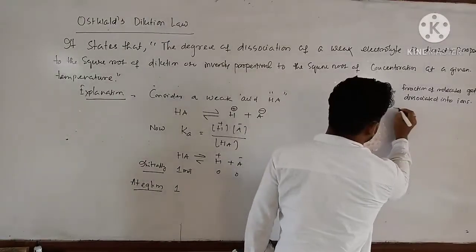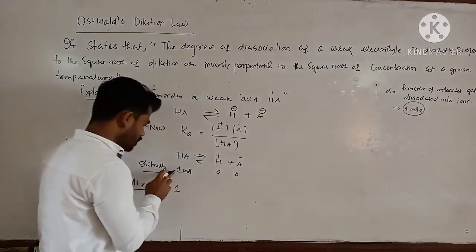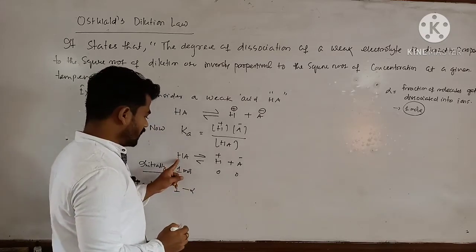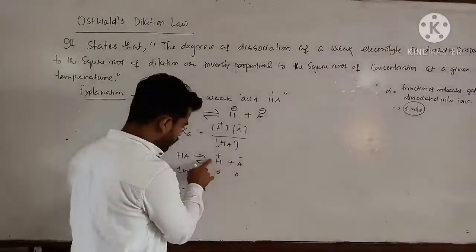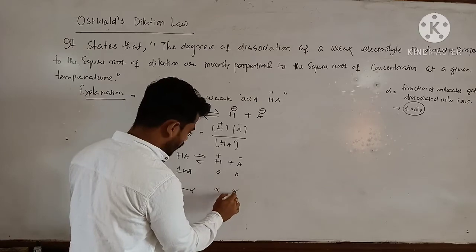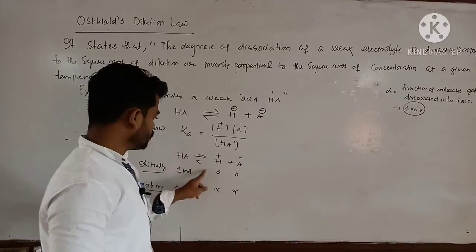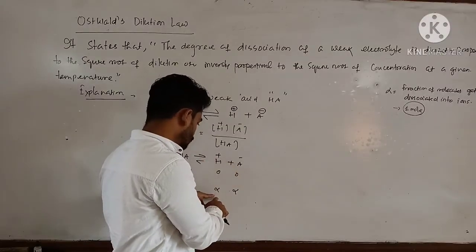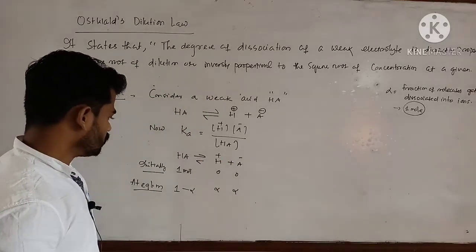So alpha amount of HA gets dissociated into H plus and A minus. Their ratio is 1:1, so alpha and alpha are the number of moles.